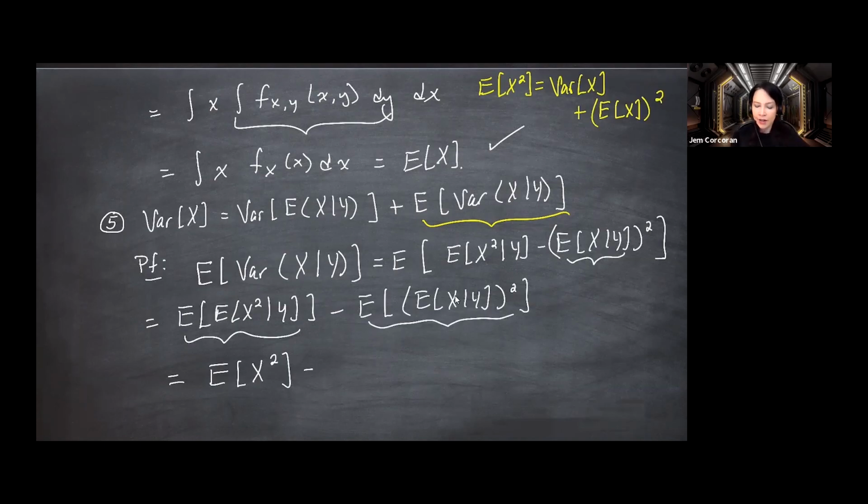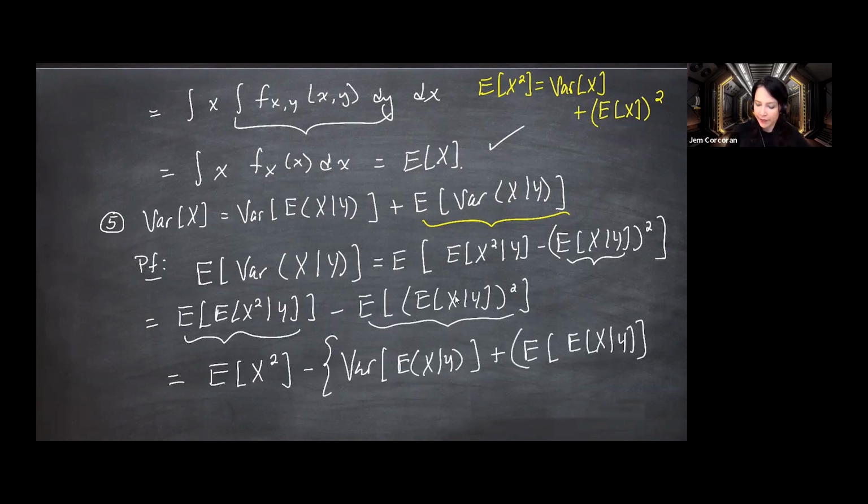And I'm going to do that here. It's just that instead of the x, I have this entire conditional expectation. So this is minus the variance of the expected value of x given y plus the expected value of x given y all squared, just using this guy.